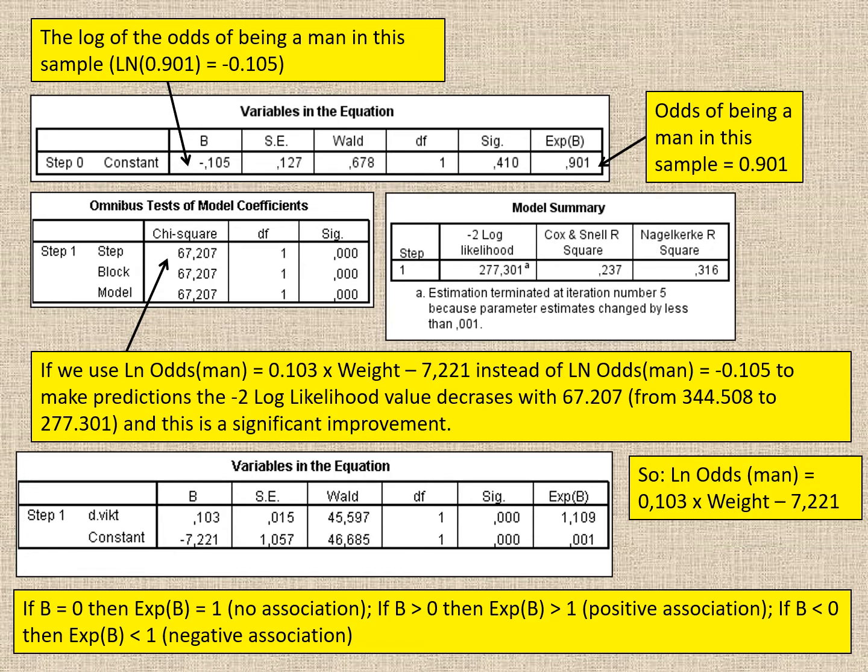If it's below 1, if it will be 0.8, for instance, it means that if the predictor increases by 1, we multiply the odds with 0.8, which means that we decrease the odds by 20%. If it's 0.8, it means we multiply with 0.8, and that is the same thing as decreasing the odds by 20%.